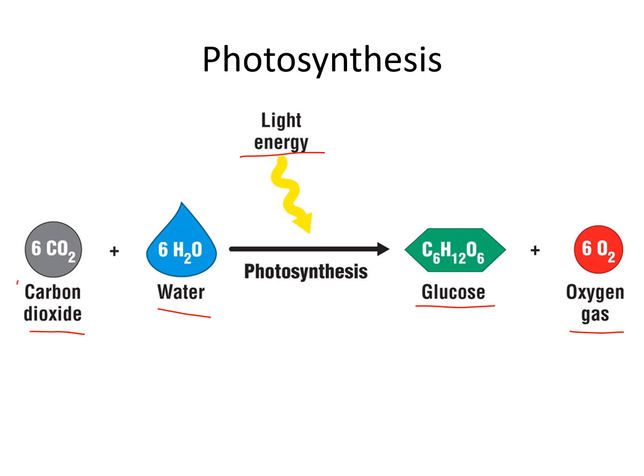The reactants are carbon dioxide and water. If these are used up, that can indicate that photosynthesis is occurring. Or you can look at the products, glucose and oxygen gas, and if those are being produced, that is an indicator that photosynthesis is occurring.